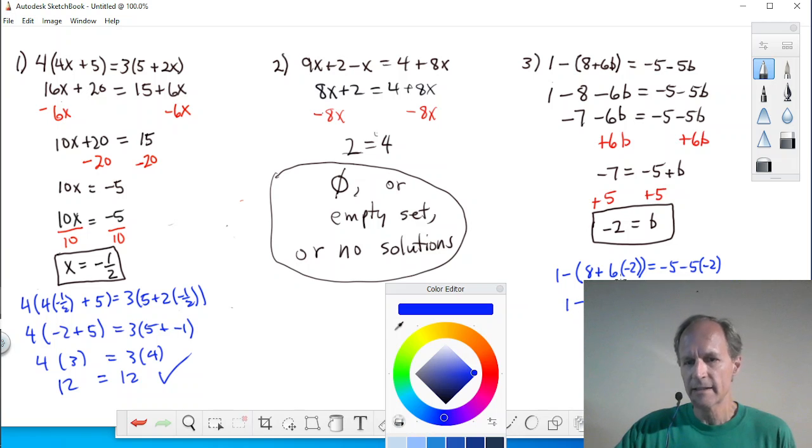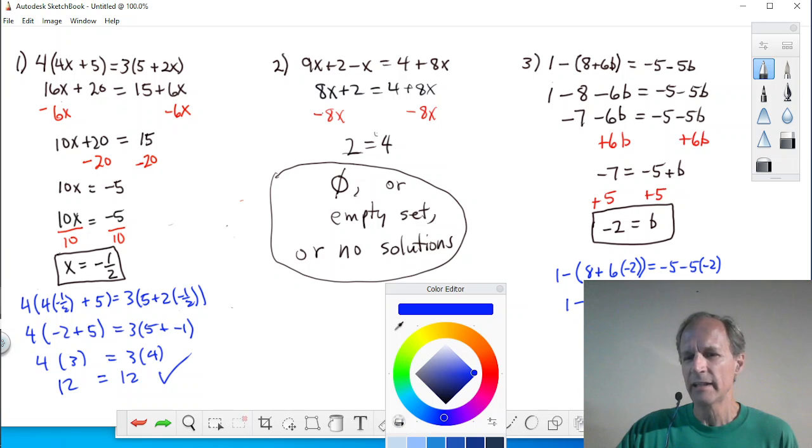Let's do the math inside. 8 plus 6 times negative 2, that's negative 12. Now, negative 5 minus 5 times negative 2. There are negative signs all over the place, so we've got to be careful. This is 5 times negative 2, right? Or you could think of it as subtracting negative 10.